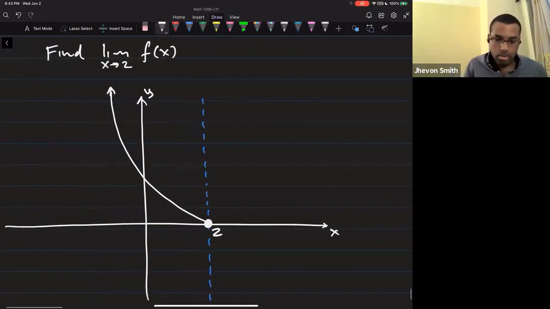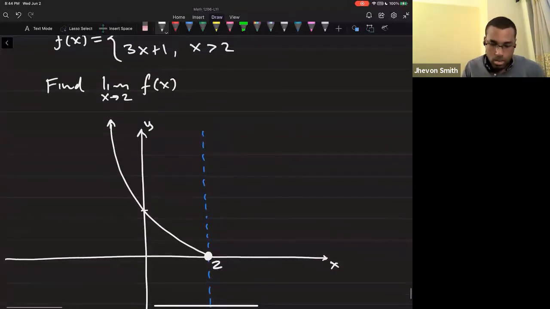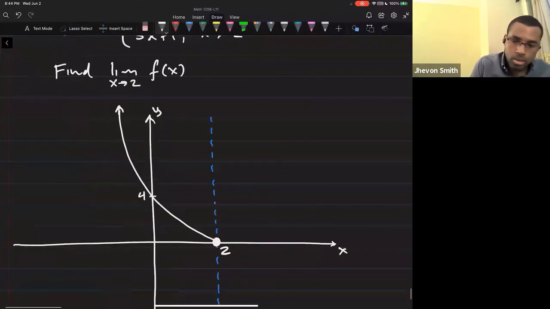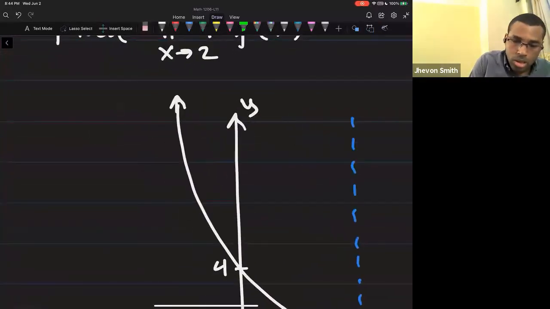And I can know that this is going to be 4. So on the left side, it's a parabola: y equals (x minus 2) squared.